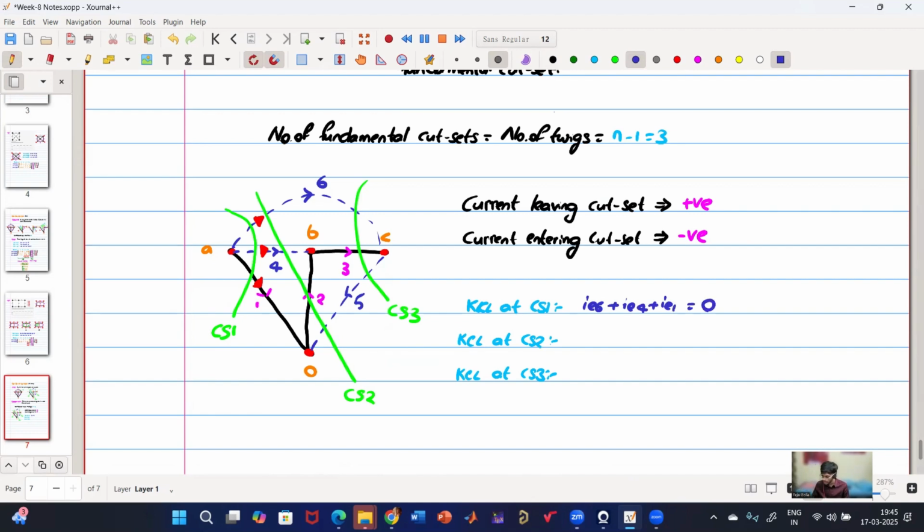Now let us go to cut set 2. Cut set 2, this is leaving, this is leaving, this is leaving, and this is entering. So what will be the expression?